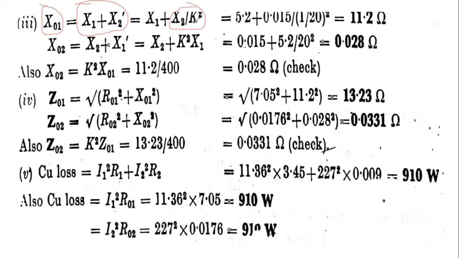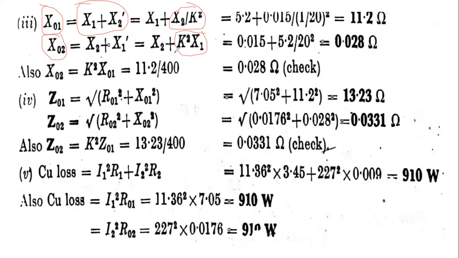Similarly, we calculate X02, the equivalent reactance referred to secondary. That is equal to X2 plus X1 dash, where X1 dash is K square into X1.